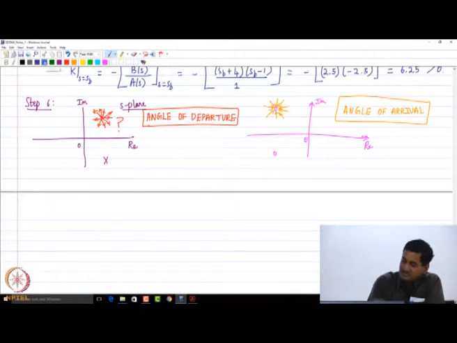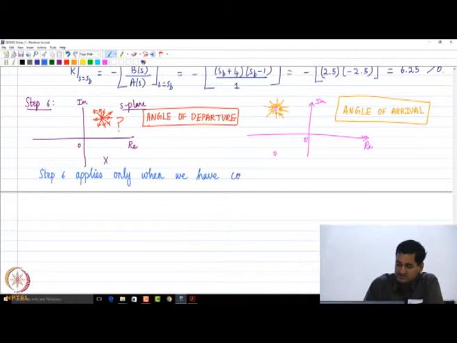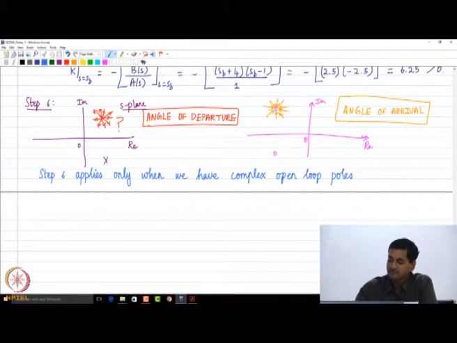But before this, step 6 applies only when we have complex open loop poles or open loop zeros.